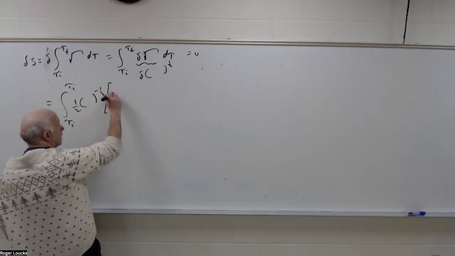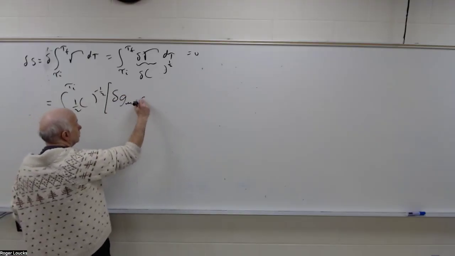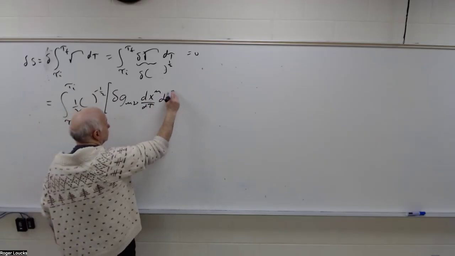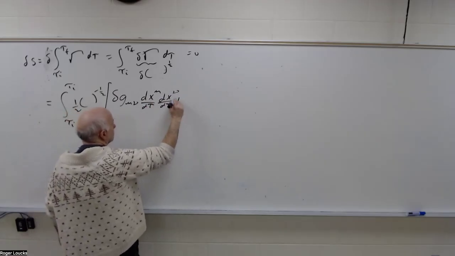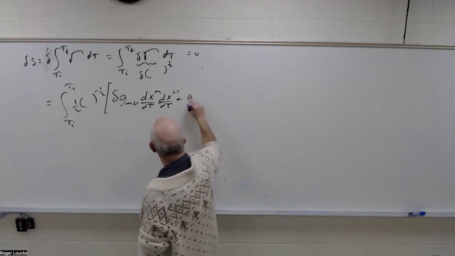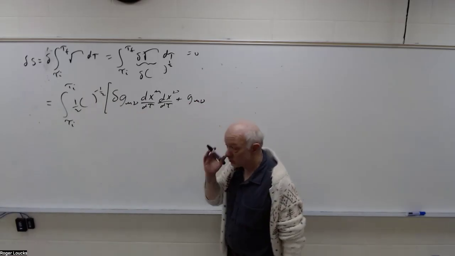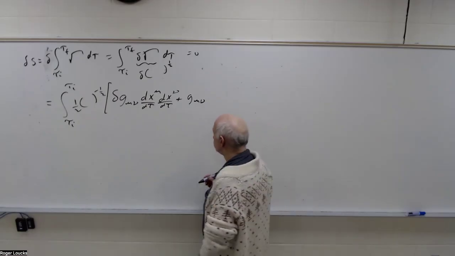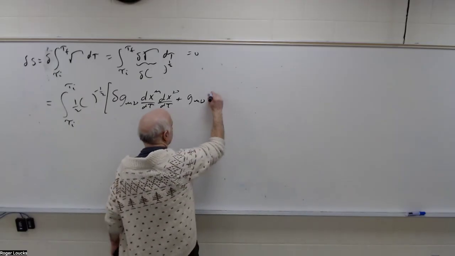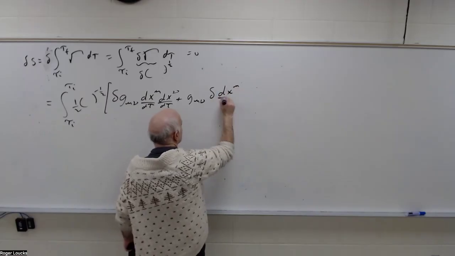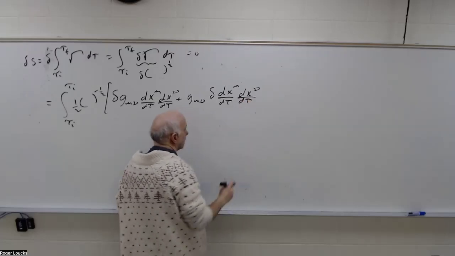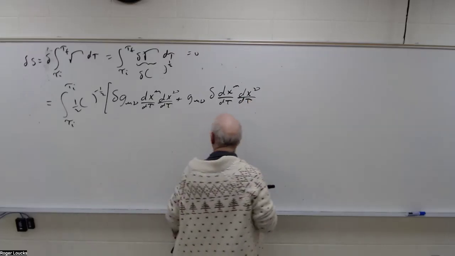So we have the variation on g mu nu dx mu d tau dx nu d tau, plus g mu nu times the variation in dx mu d tau, dx nu d tau. Likewise, the same thing in the last term.